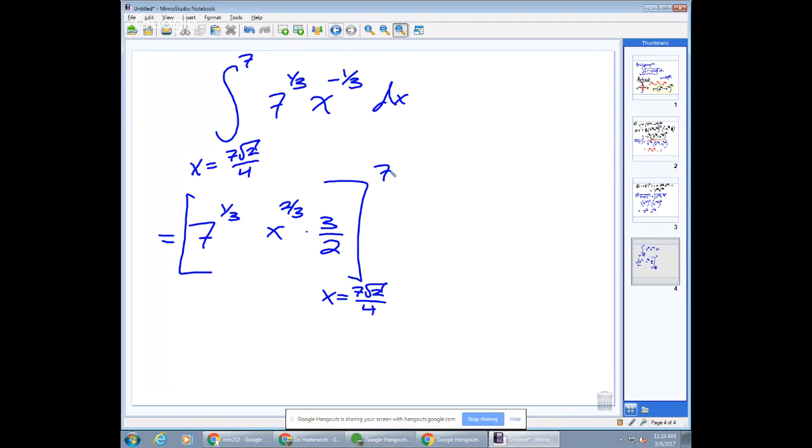So let's see. Plugging in the top boundary, I'm gonna get 7 to the 1/3 times 7 to the 2/3. Ooh, that's nice, isn't it? Times 3/2. Oops, upside down.